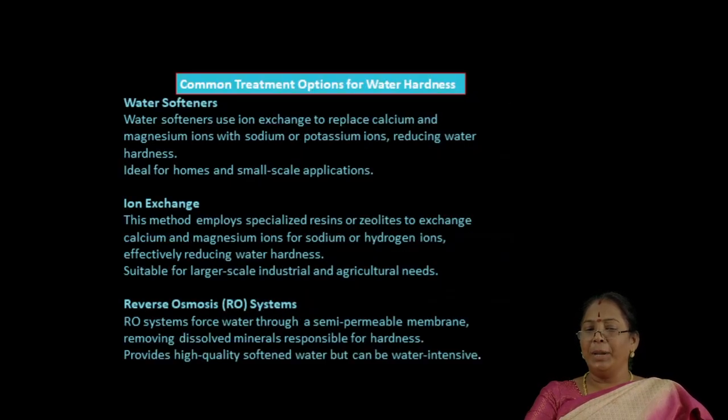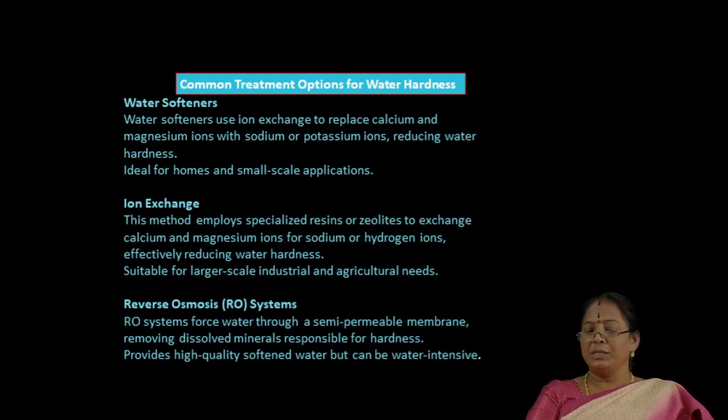How do we remove hardness from water? We have to avoid hard water. Water softeners are used, then ion exchange, where sodium and hydrogen ions are exchanged using zeolites as resins. Then calcium and magnesium ions in the +2 oxidation state are exchanged by normal ions, and the water becomes normal or soft water.